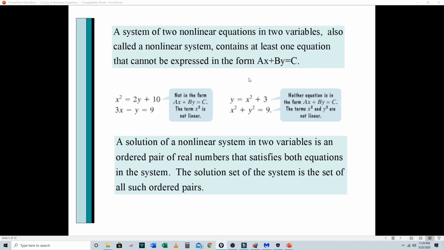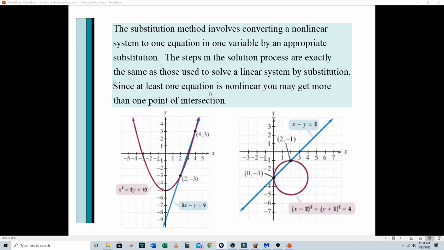We're going to start with the substitution method. Because this is nonlinear, we could have one or two different solutions, or even up to four solutions.